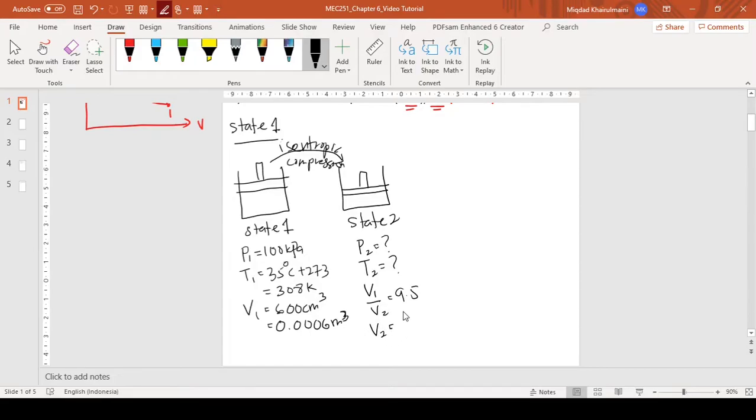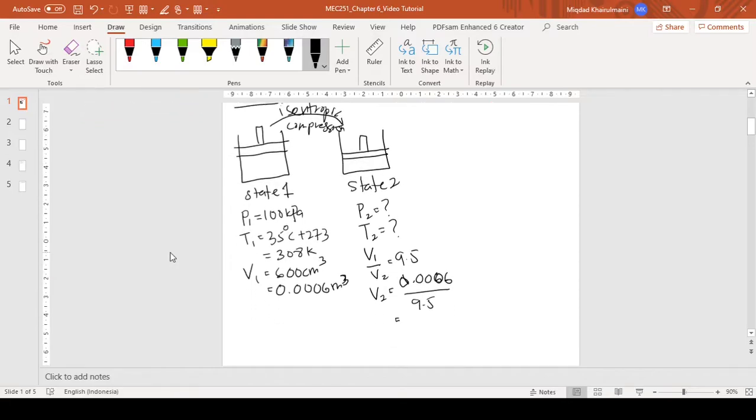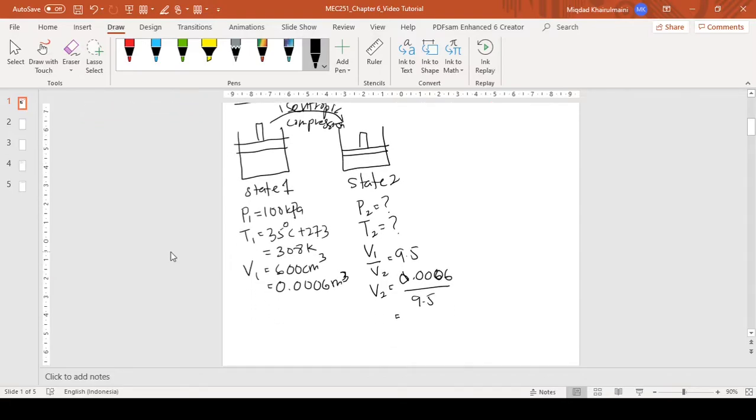The volume at state 1 was 0.0006 divided by 9.5, so the volume at state 2 is, if I'm not mistaken, 0.0000632 meter cubed.